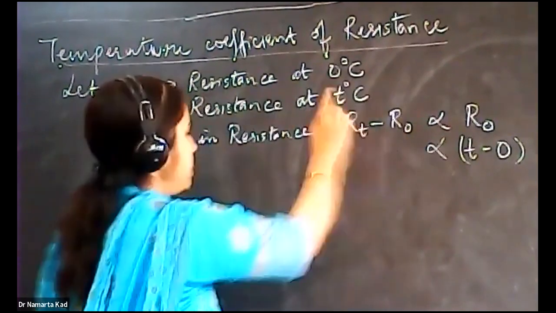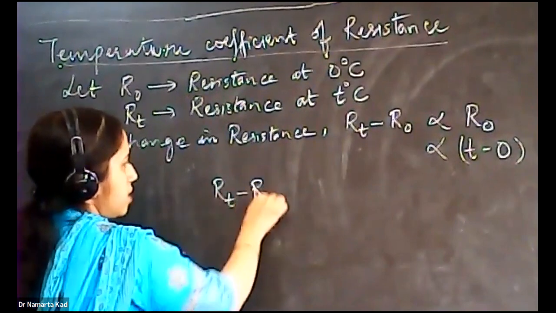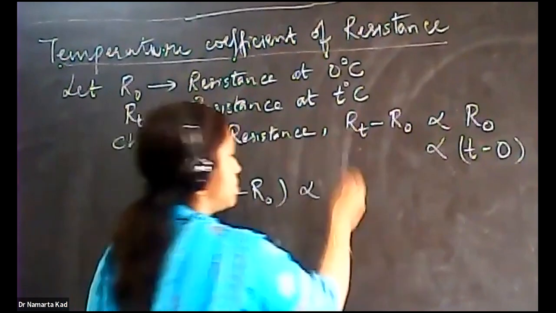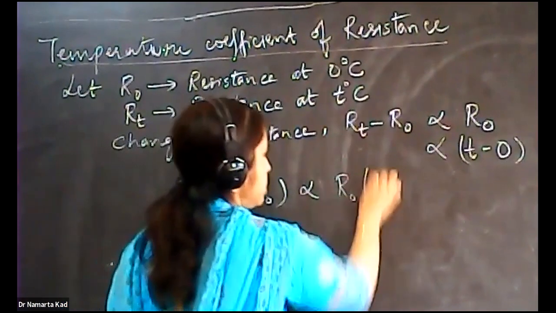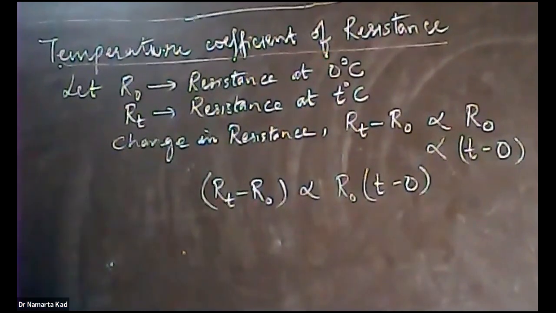So combining these, it comes out to be RT minus R naught, that is the change in resistance. It comes out to be directly proportional to R naught into T minus 0. Okay.